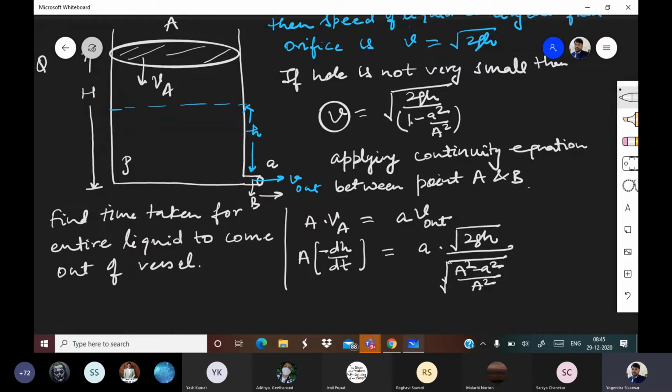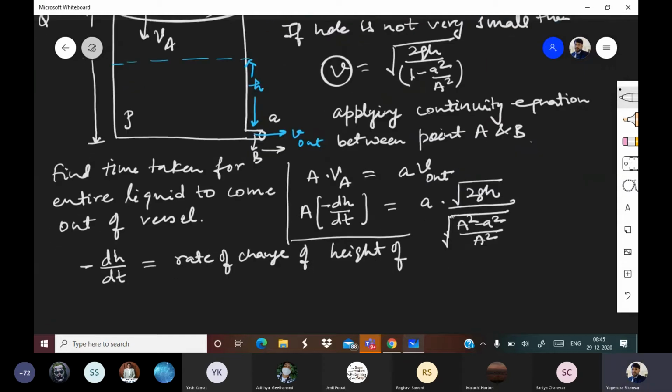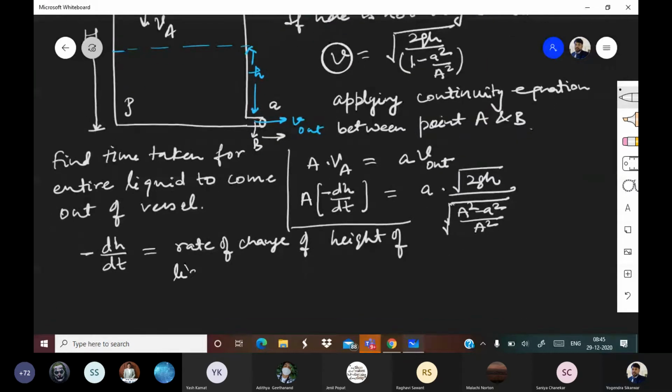dH by dt with minus sign. Why minus sign? I'll explain that separately. But dH by dt is rate of change of height of liquid in vessel, right?